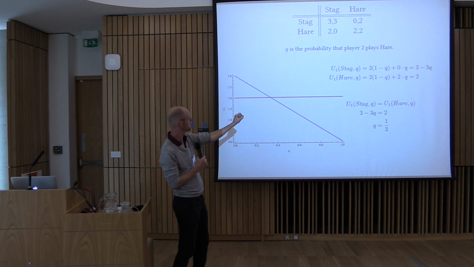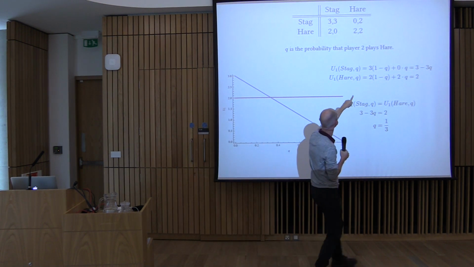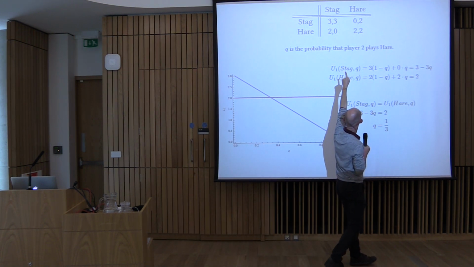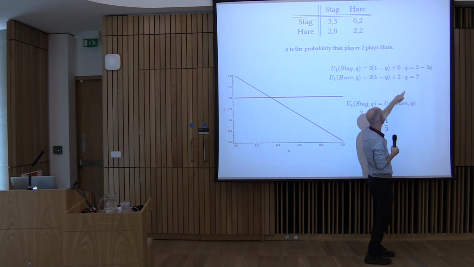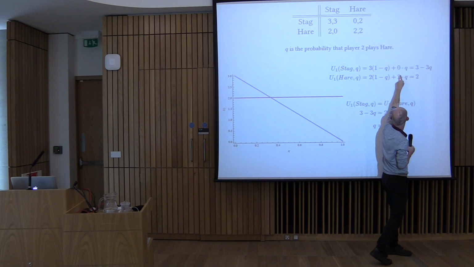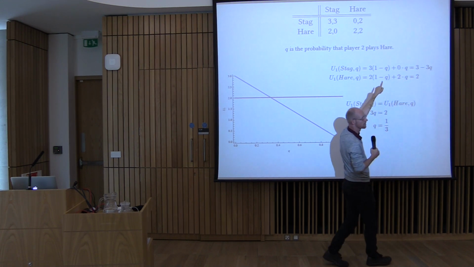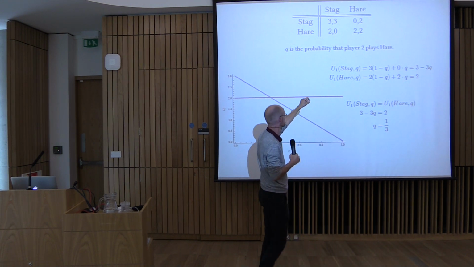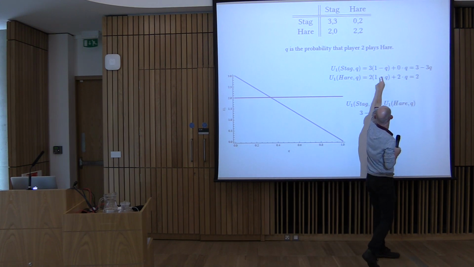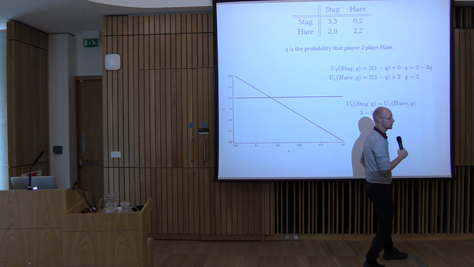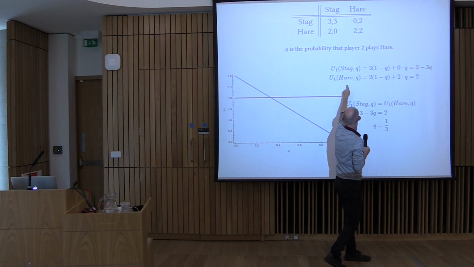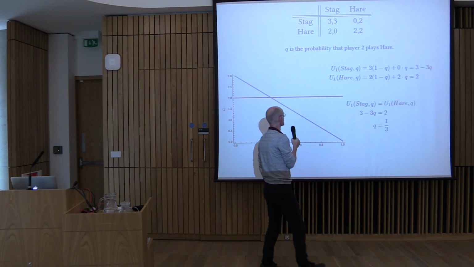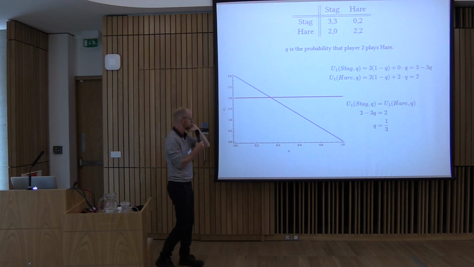What is the utility of playing stag? Well, that's just the utility of playing stag times the probability that he's playing stag, plus the utility of playing stag times the probability that he plays hare. And that's 3 times the probability he plays stag, and 0 times the probability he plays hare. In the same way, you determine the utility of playing hare.